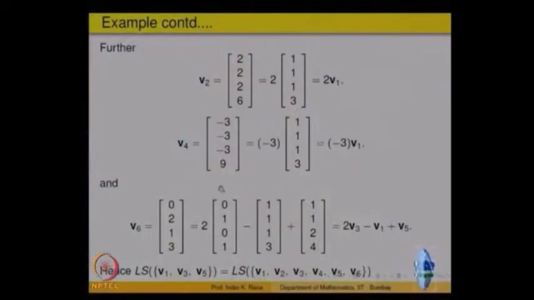So this is V2, V2 was 2, 2, 2, 6, this is 2 times V1, okay. Next one is V4, that is minus 3 times 1, 1, 1, 1, 3, right, minus 3 times V1. And how did I find out that this is a linear combination? How will you do it?